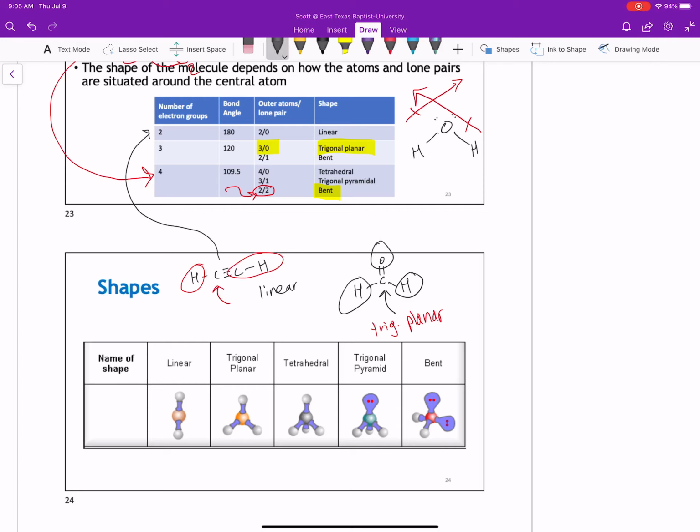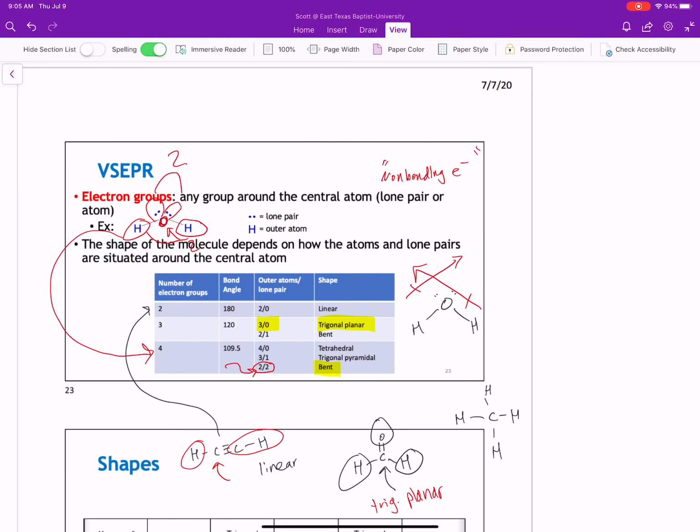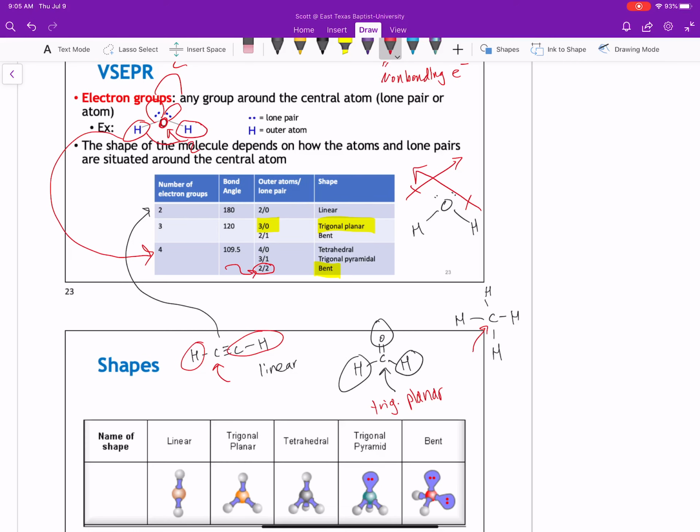Tetrahedral, that's like methane, CH4. So here's my central atom right here, and it has four groupings around it, 1, 2, 3, and 4. So with four groupings, no lone pairs, that gives you tetrahedral.